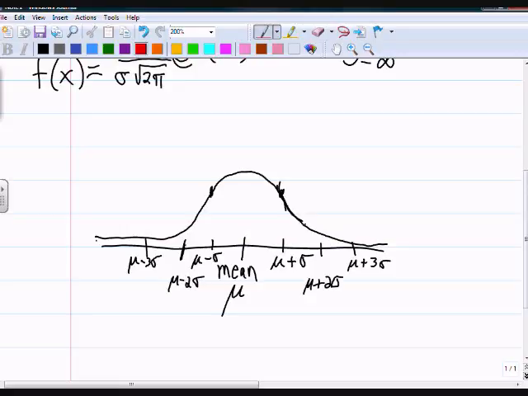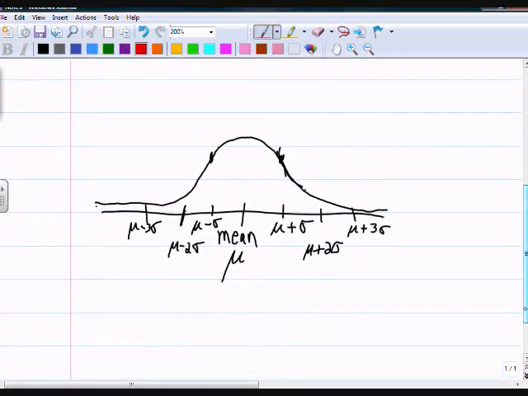Another thing about this curve is that if I look at the area under this curve, from the mean minus 1 standard deviation to the mean plus 1 standard deviation, this is 68% of the area. It's 68 because it's 34 on each side.